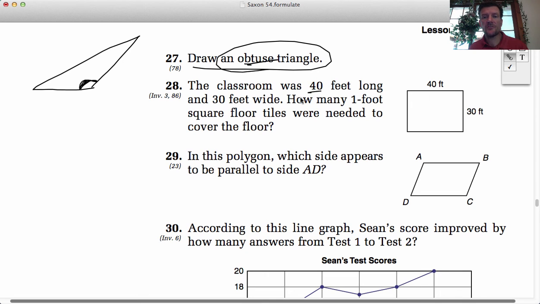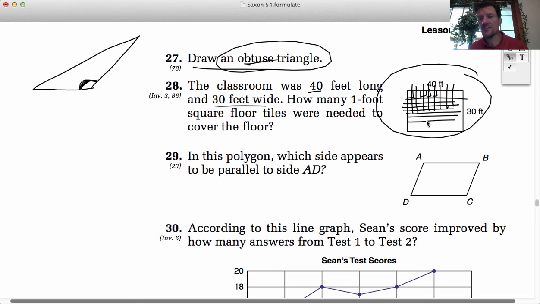The classroom was 40 feet long and 30 feet wide, as the drawing shows here. How many 1 foot square floor tiles were needed to cover the floor? So each of the tiles here are going to be 1 by 1. You're going to need 40 of them going across the width, and 30 rows are going to go down this way.